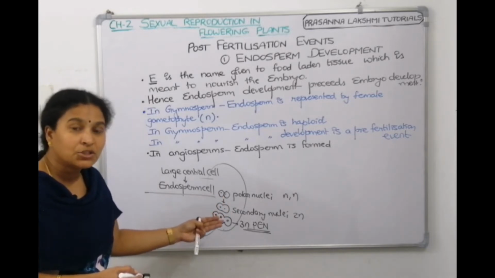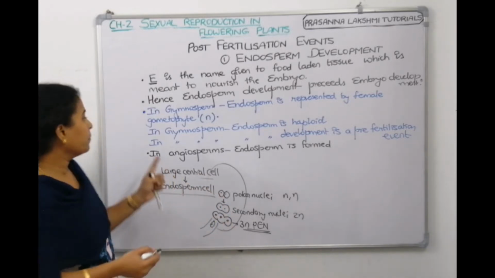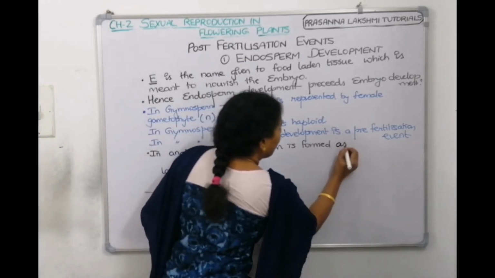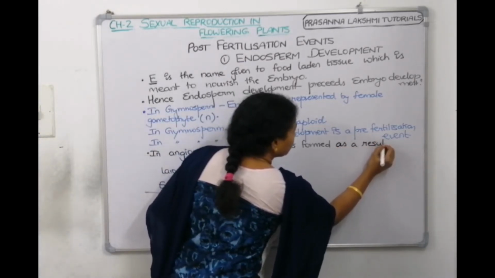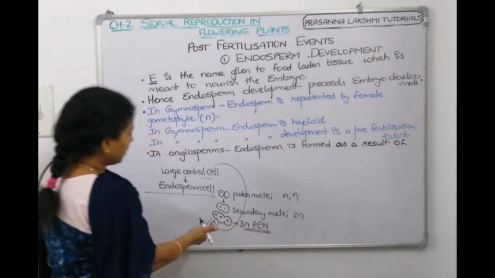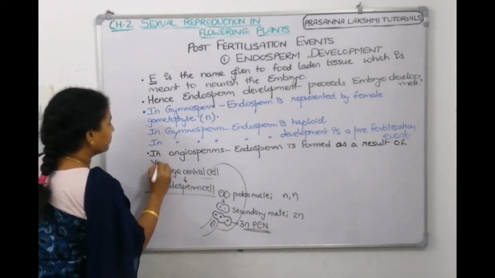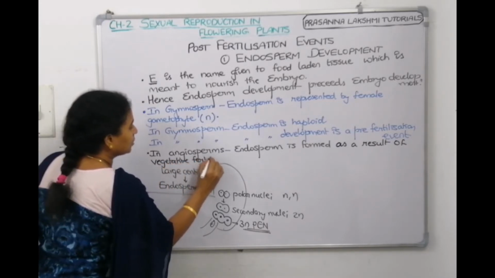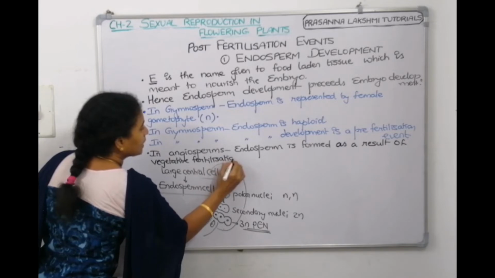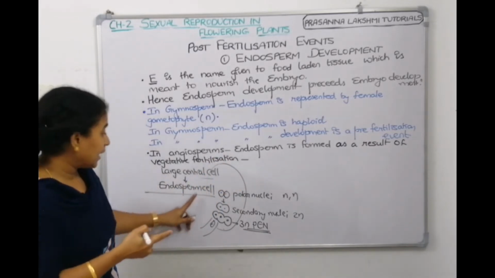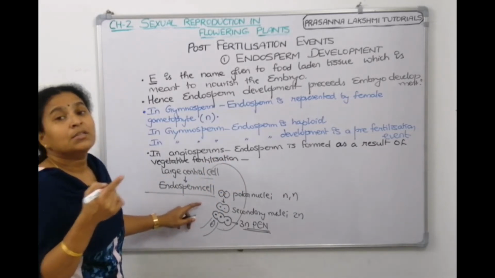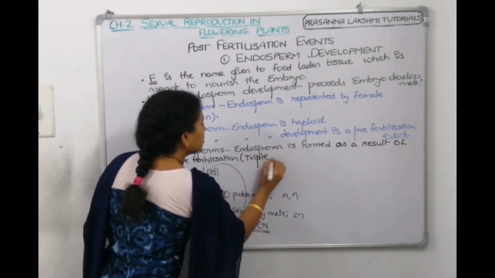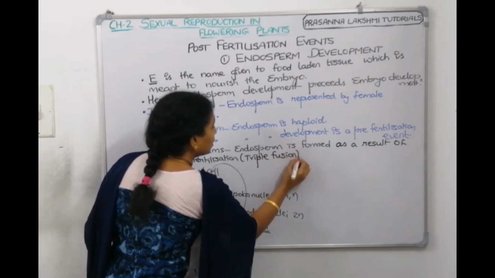But which type of fertilization? It's vegetative fertilization. So in angiosperms, endosperm is formed as a result of vegetative fertilization, which is also called triple fusion.